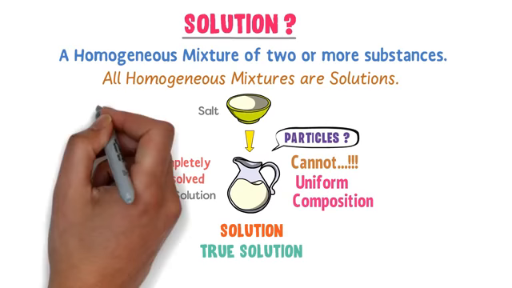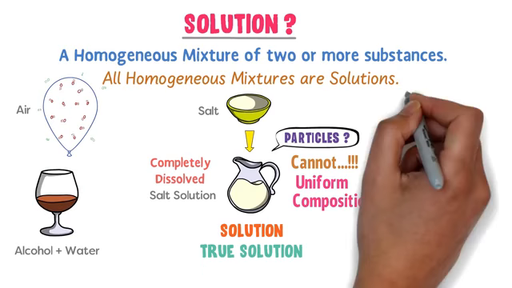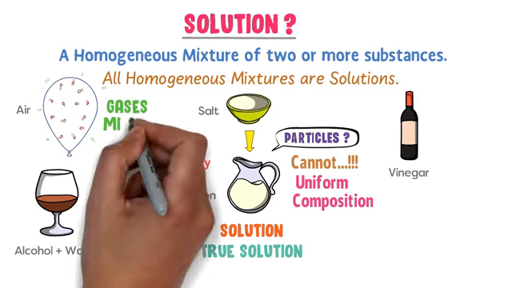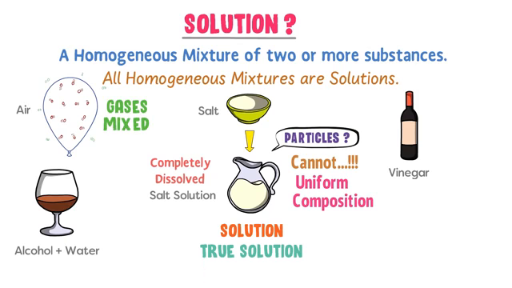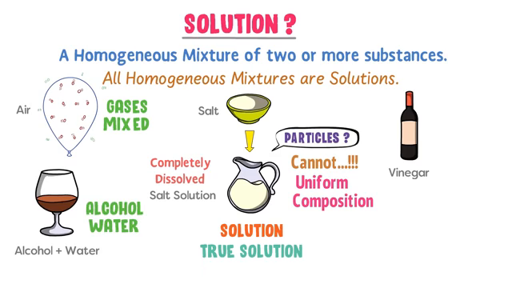Some other examples of solutions are air, alcohol plus water, and vinegar. In air, different gases mix together to form a homogeneous mixture. Alcohol plus water mix together in such a way that they form a uniform composition or homogeneous composition.